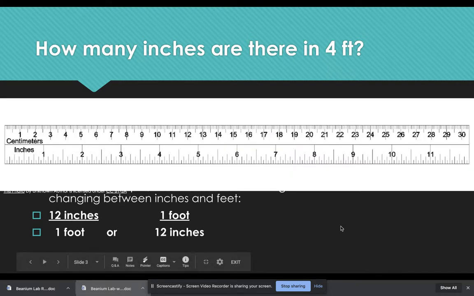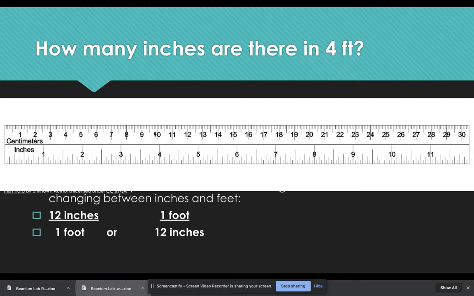So if we're looking at this ruler here, you'll notice that we have inches on the bottom and centimeters on the top. What we learned last unit is that for every centimeter, we have 10 millimeters, the little lines right here. So there are 10 millimeters in every centimeter.